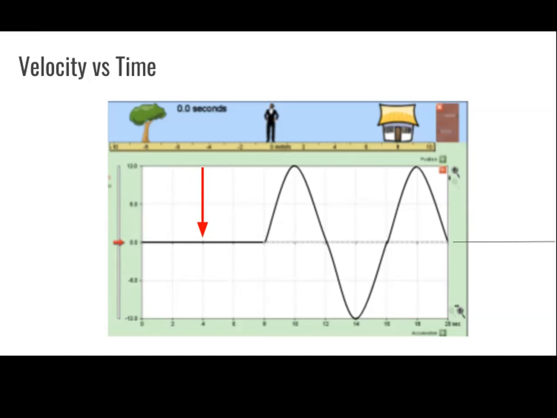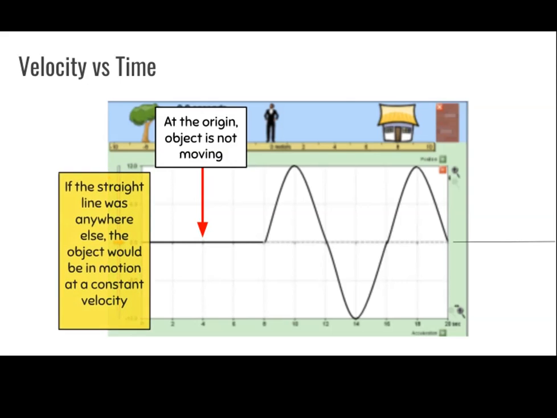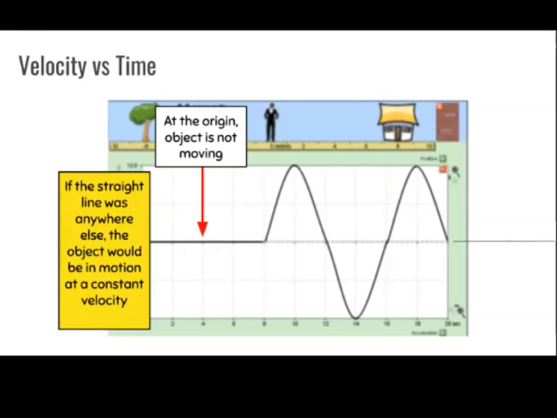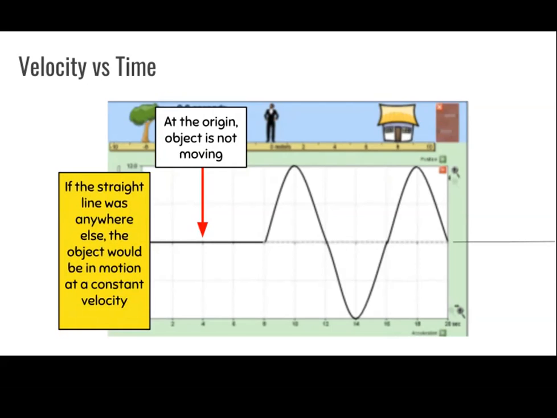It just so happens, and I wish I didn't do this, that I put it at 0, meaning the object is not even moving. But I do want to point out that if this straight line were anywhere else, like Brianna said, it's at a constant speed or a constant velocity for this one here, okay?